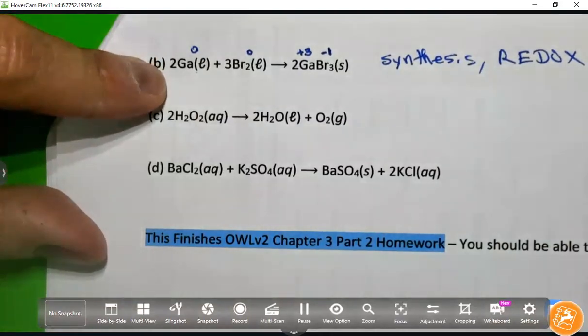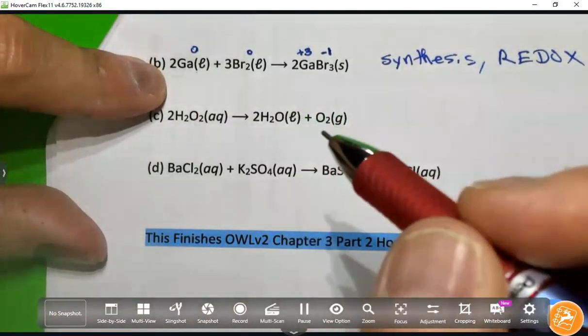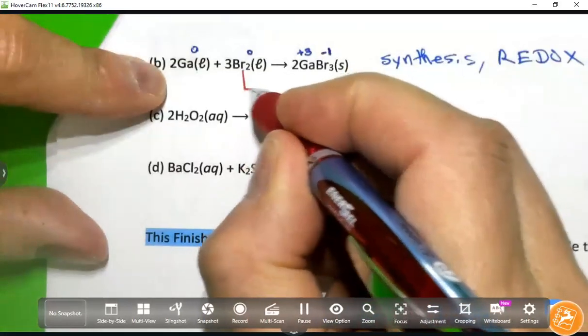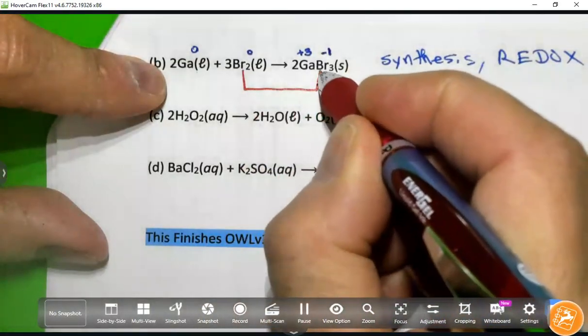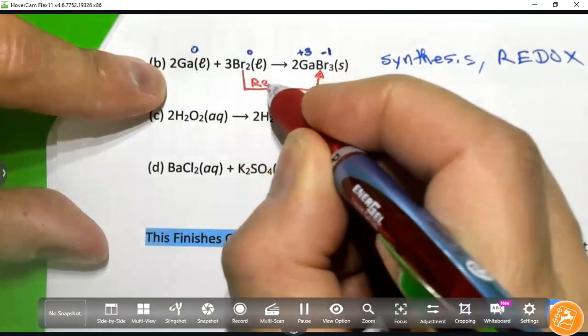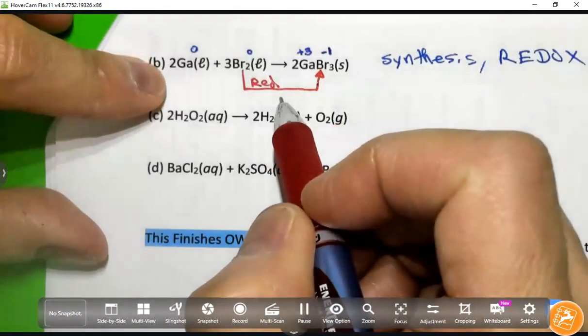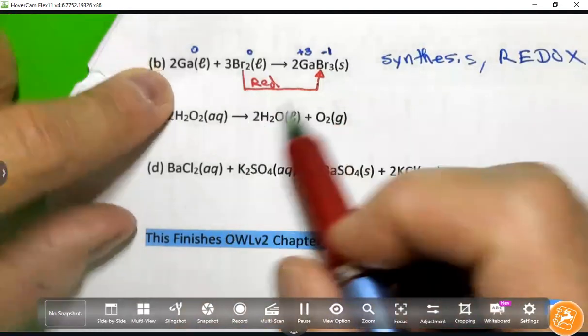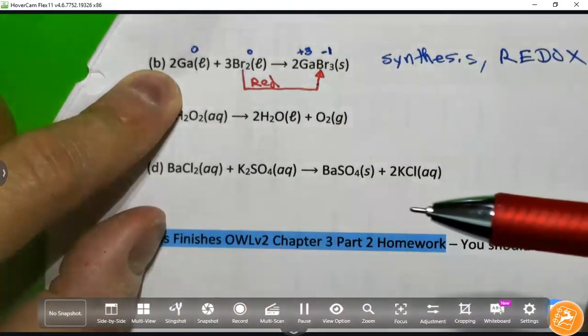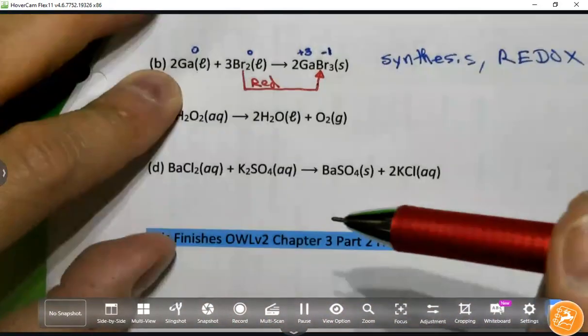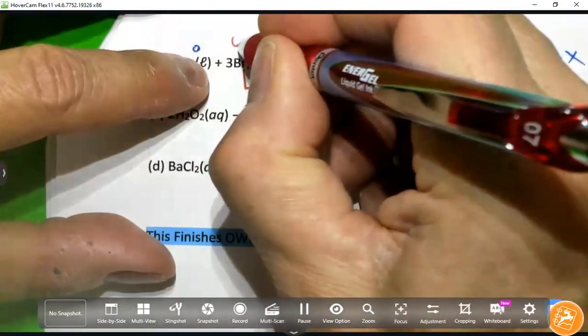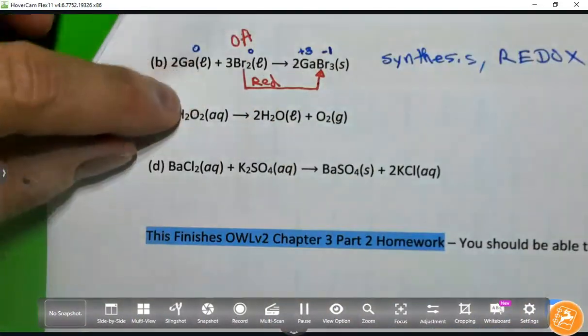And always look for what's being reduced first. That's reduction, right? This is reduction, which makes this the oxidizing agent. I'll put OA, oxidizing agent.